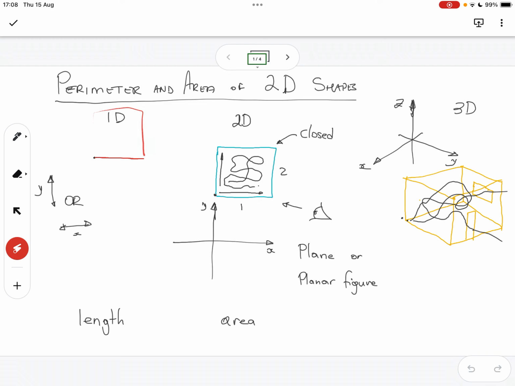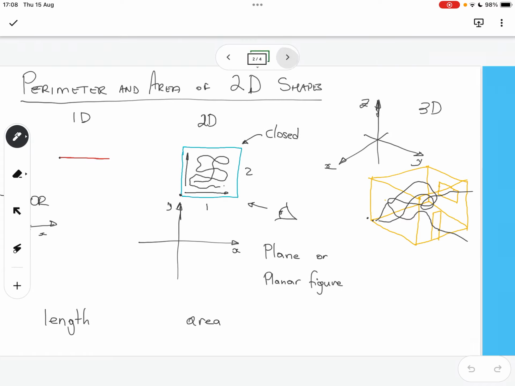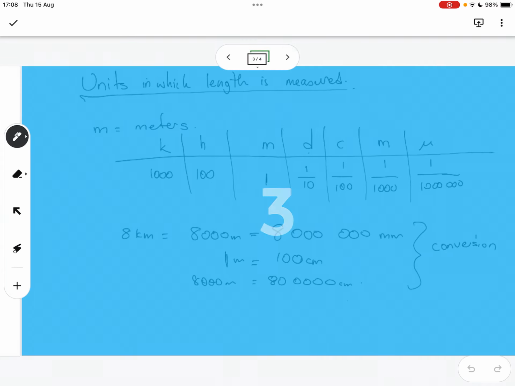Because it will be a closed shape and it's projected, then it is the measure of that space there. And now it's squared for the simple reason that it is the length of the one side times the length of the other side. Now we can also think about this from the perspective of units.